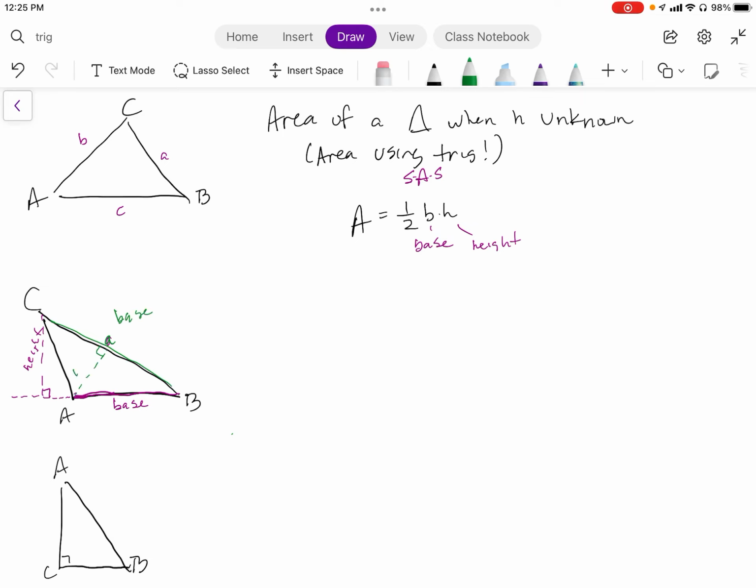The base and the height always meet at a right angle, but sometimes you do have to extend that base out for an obtuse triangle.